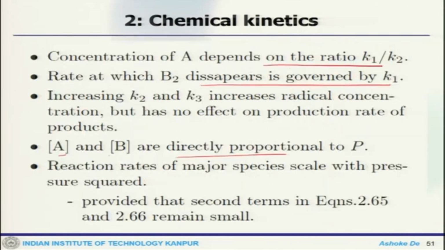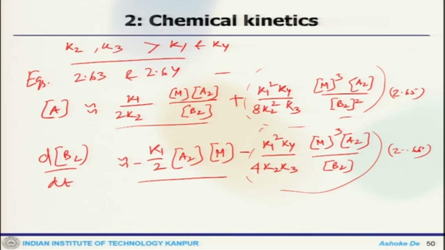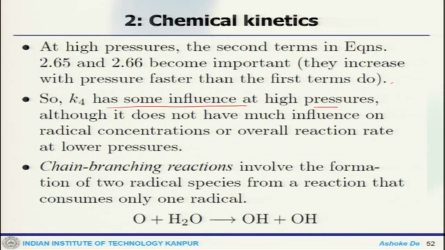Chain branching reactions involve the formation of two radical species from a reaction that consumes one radical, for example O plus H2O2 giving OH and OH.